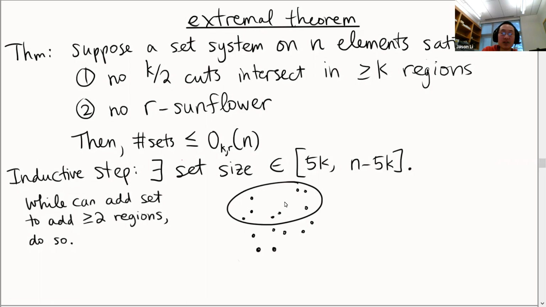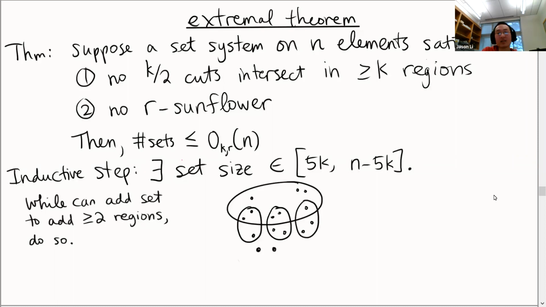Basically, initially we have two atoms in this Venn diagram, just the set and its complement. While we can add a set such that the number of atoms increases by at least 2, we just add it. So in this case, now there are 4 atoms. Now if we add this set, there are 6 atoms, and now there are 8 atoms.